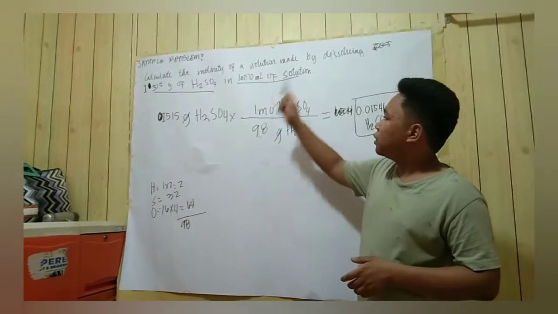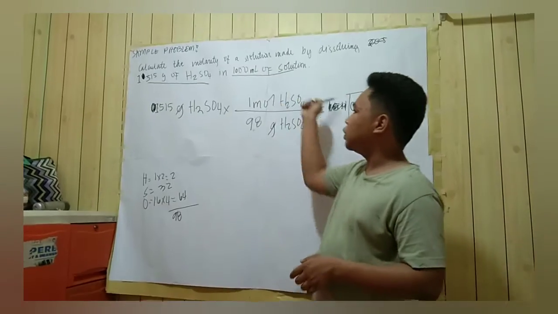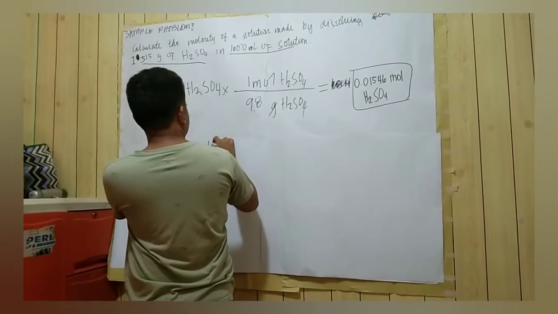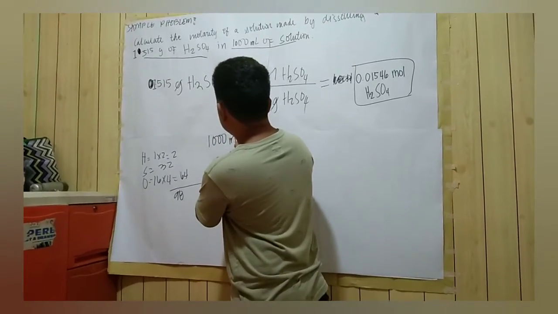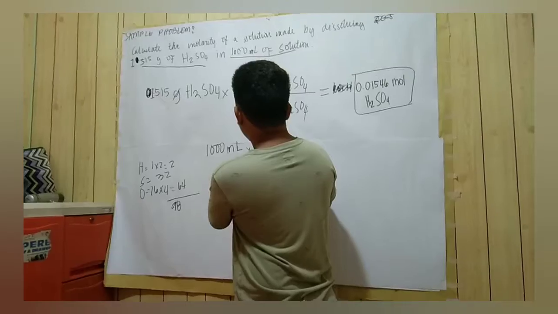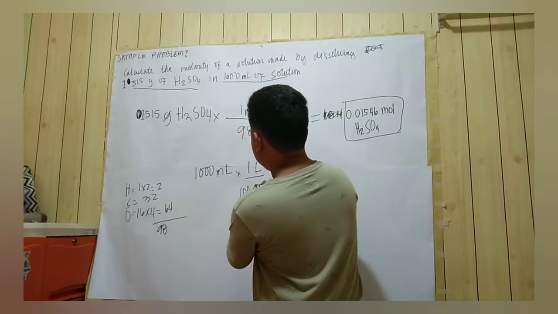Now we are going to convert the volume from milliliters to liters. 1000 ml times 1 liter per 1000 ml.